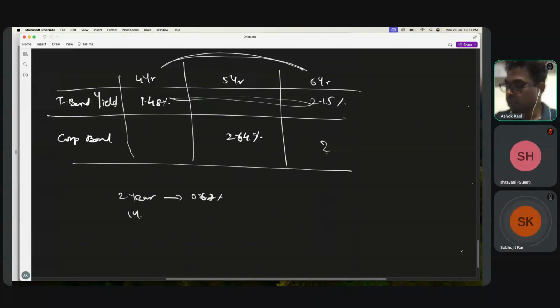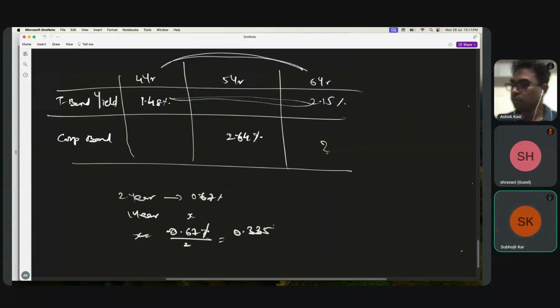That means for 1 year, 0.335. So it would have gone up by 0.335. 1.48 plus 0.335 is how much? 1.815.